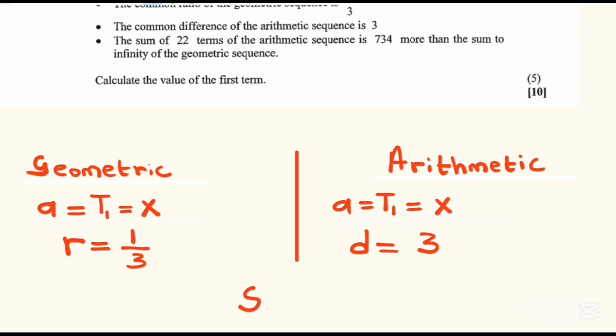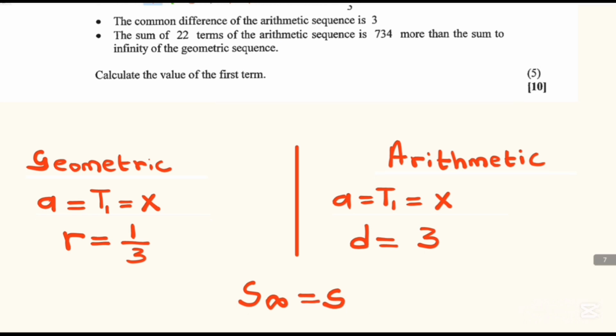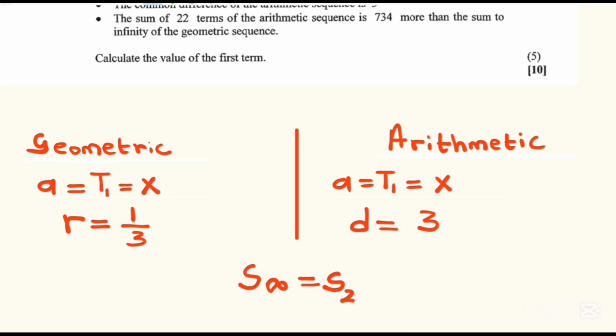So how can we make the sum to infinity equal to the sum to 22 terms of the arithmetic sequence? It's supposed to be 22, not n. If I have 3 apples and you have 5 apples, in order for us to have an equal number of apples, either 2 apples are taken from you or 2 apples are given to me.